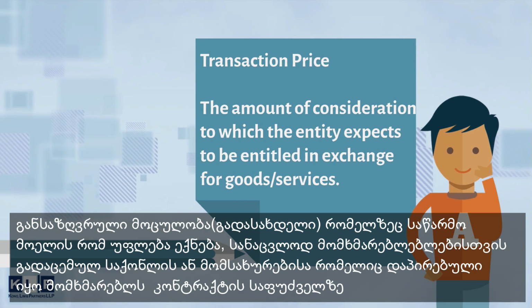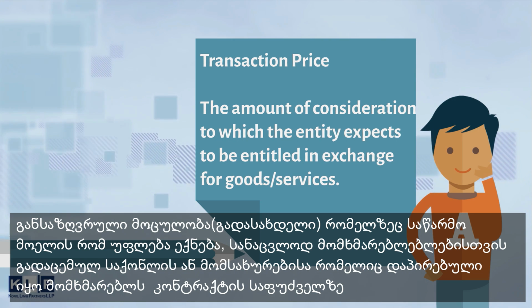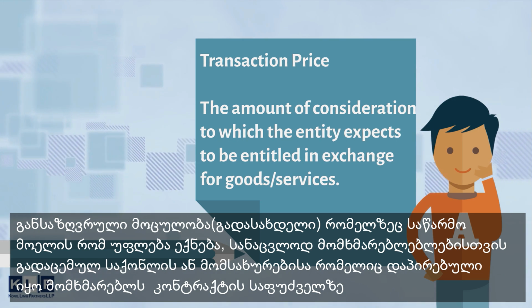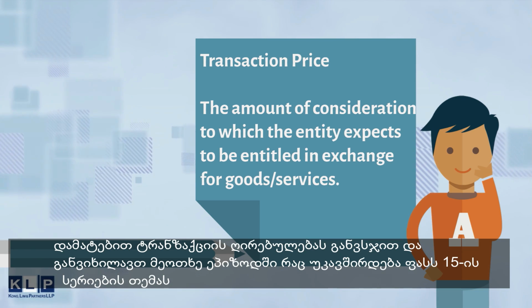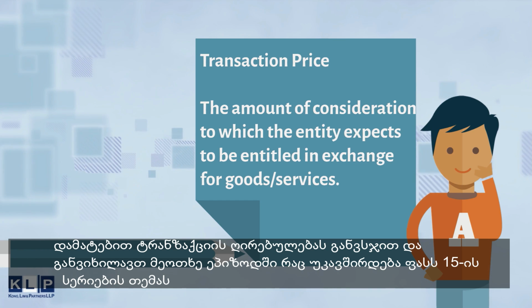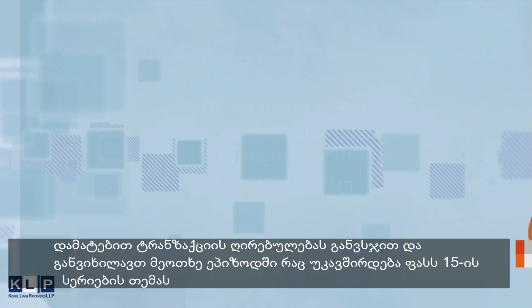It is the amount of consideration to which the entity expects to be entitled in exchange for transferring promised goods or services to a customer. There are additional considerations involved in determining transaction price, which will be covered in episode 4 of our IFRS 15 Made Easy series.